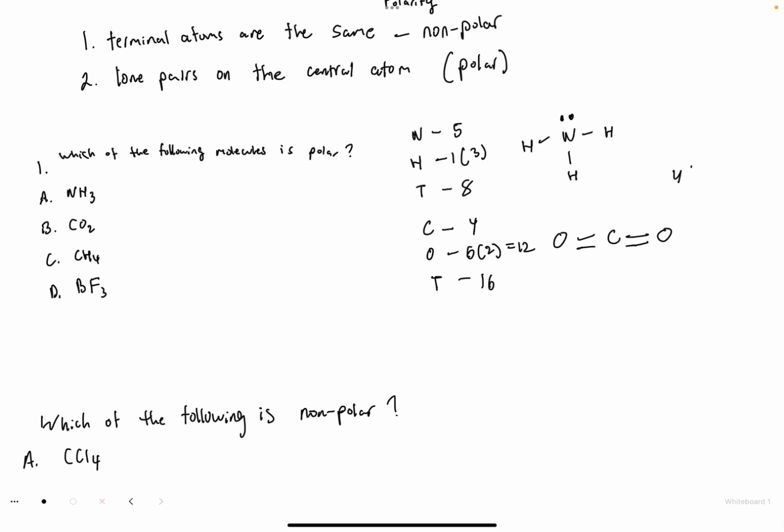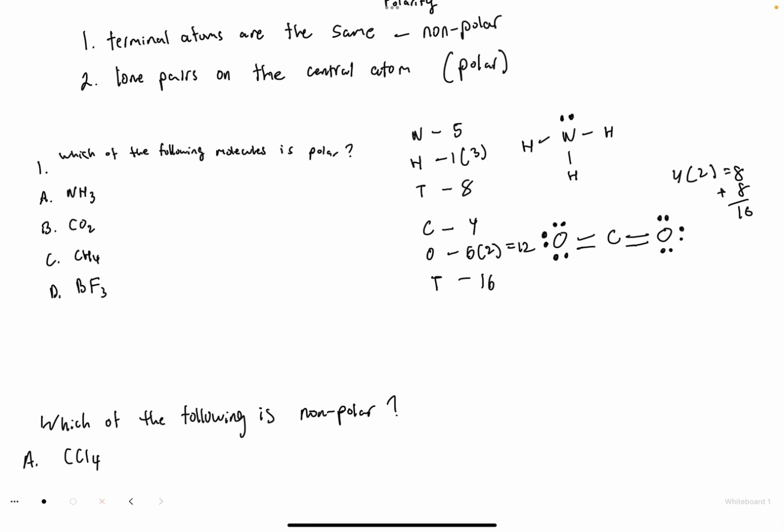And let's see, 4 times 2 is 8, plus 8 is 16, so we are good to go. In this case, you can tell that there aren't any lone pairs on the central atom, and the terminal atoms are all the same. Terminal atoms are really just atoms on the outskirts. In this case, the terminal atoms are oxygen.